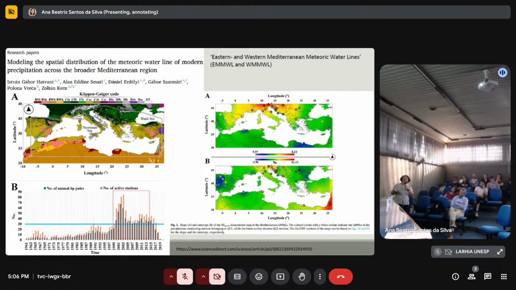And this increase in the number of points is strongly correlated with laser spectrometry. This increase was done because of the Picarro instruments that made it more accessible, easier to measure.